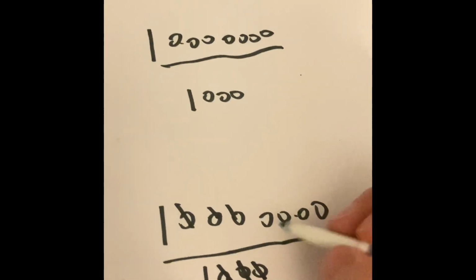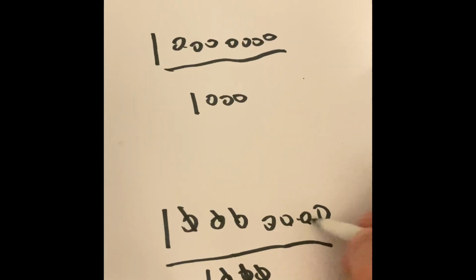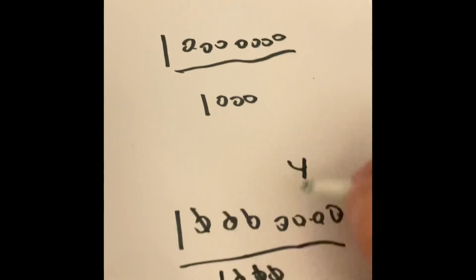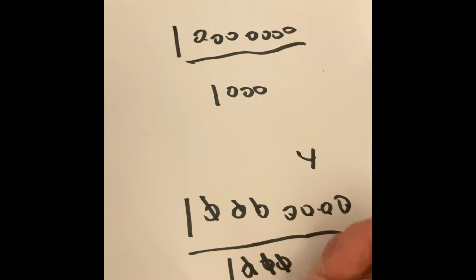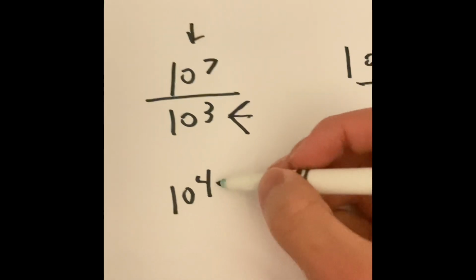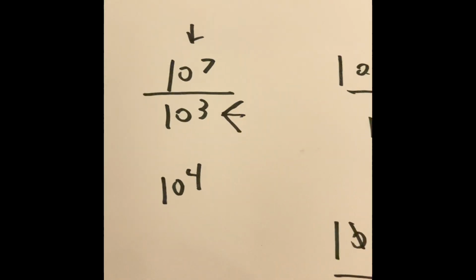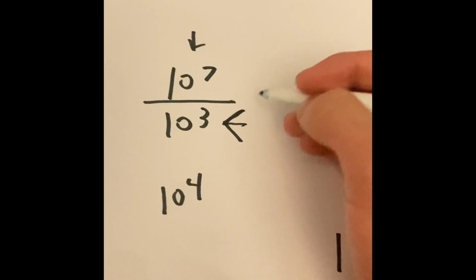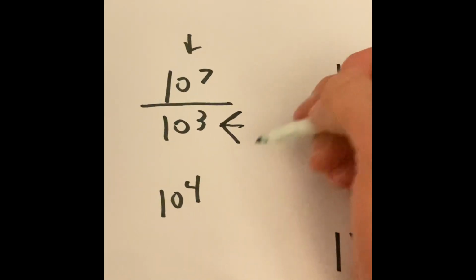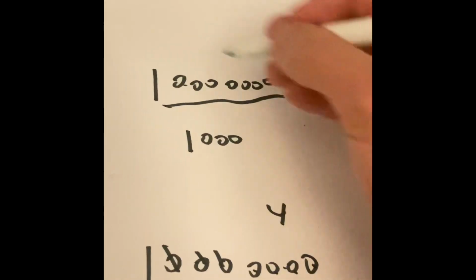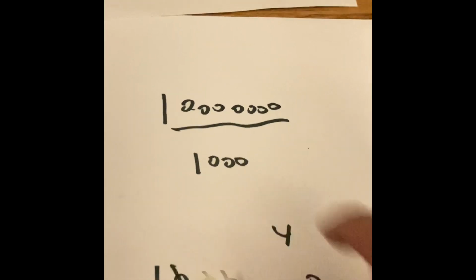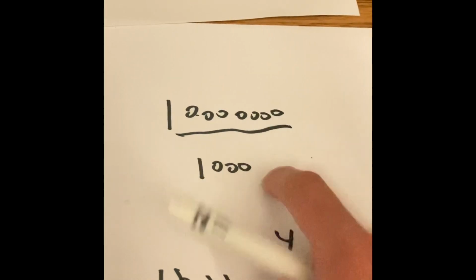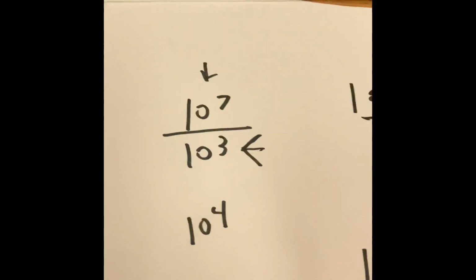But wait, there are 1, 2, 3, 4 zeros. So we're going to write 10 to the 4th power. When we divide exponents, we're basically subtracting the 2 because we're trying to cancel out how many numbers there are. It doesn't just work for tens.